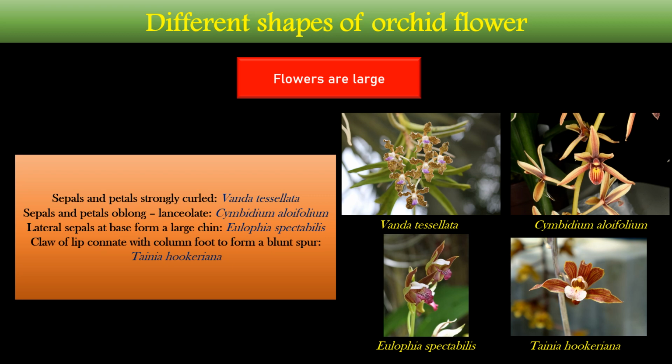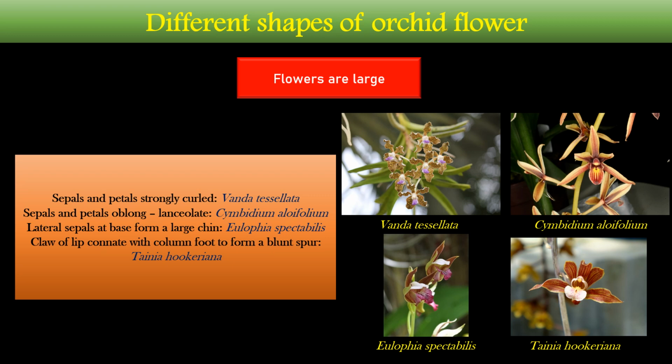These are characteristics of the large flowers. Then comes the claw of lip connate with column foot to form a blunt spur. As I told in our earlier slide, the spur is also a type of modification of the petals, or you can say the lip. The example is Tainia hookeriana.